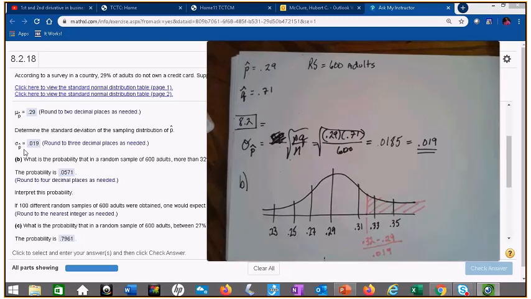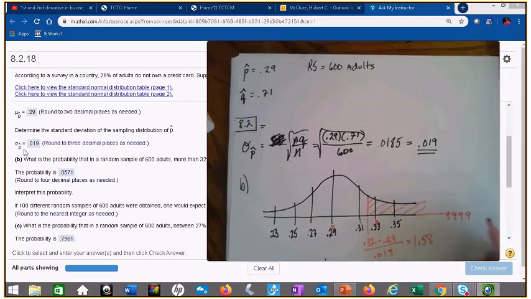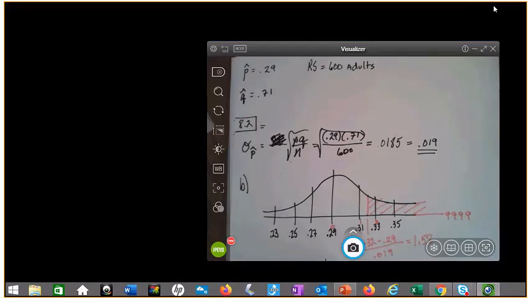That gives us a z-score of 1.58, which looks right because this is 0, this is 1, this is 2. So I'm going to go from 1.58 to 9999 with my normal CDF. Let me pull up my normal CDF, which will take me a minute because I don't have my calculator pulled up.